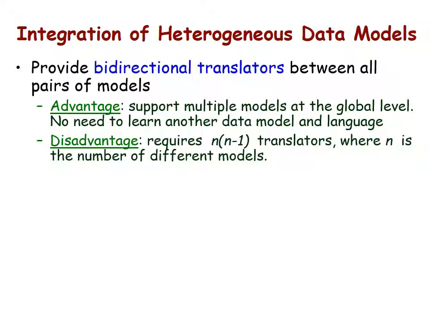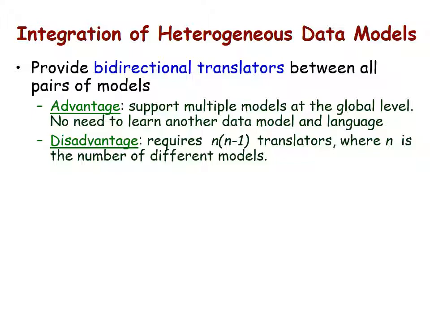To support processing of global queries in a multi-database system, a global query must be decomposed into local queries, each executed at some local database management system. Since these local database management systems might support different database models and therefore different query languages, we need query translation to generate these local queries from the global query in the query language at the global level.